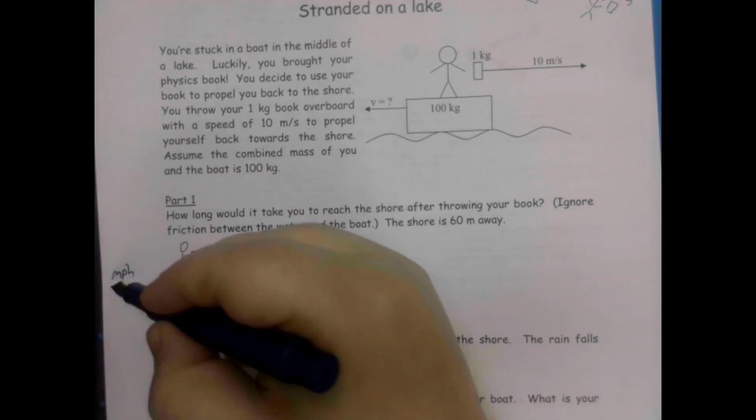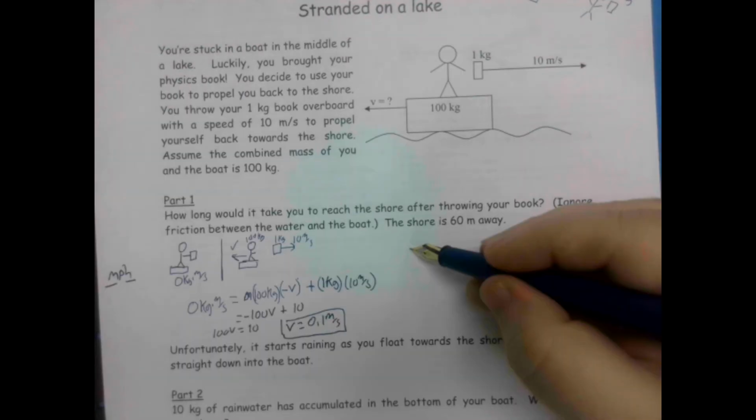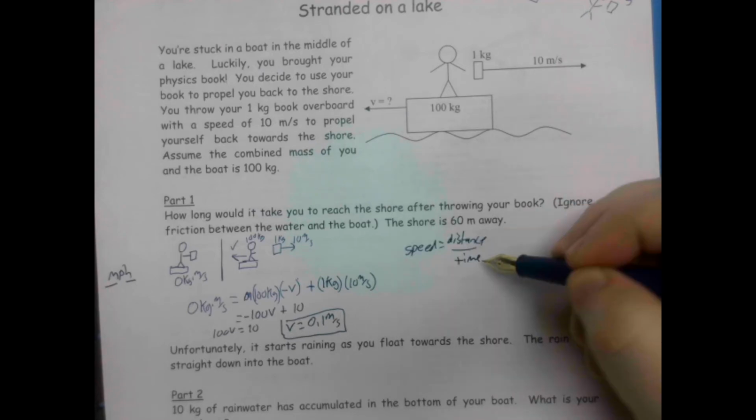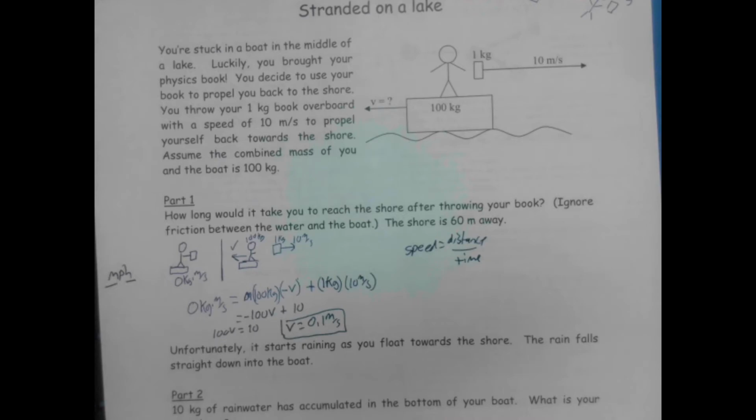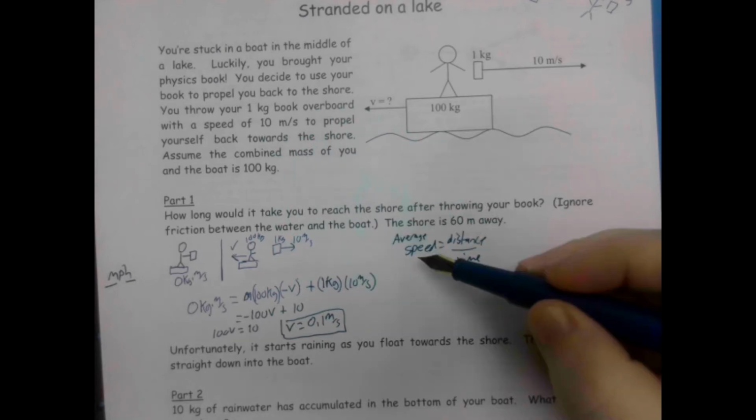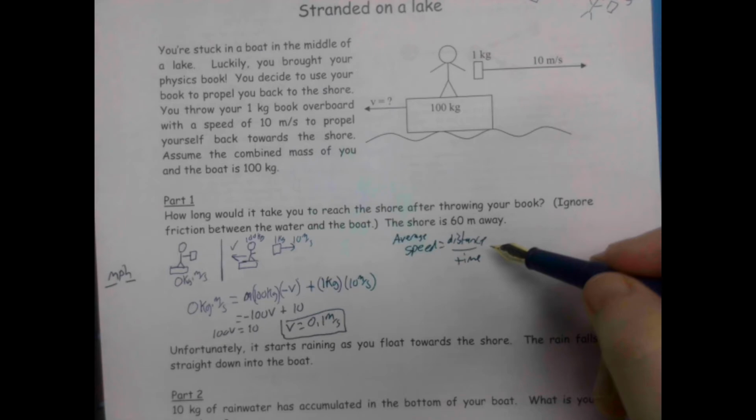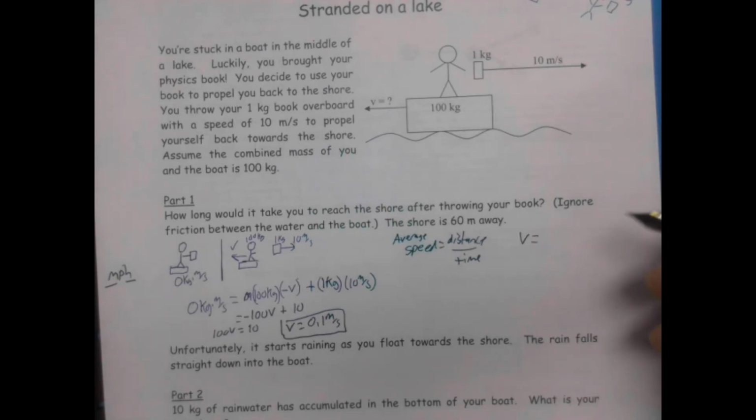Miles per hour. Yes, speed is equal to distance over time. Technically we should say average speed, or whenever speed is constant, which it is. We assume there's no friction and your speed isn't changing. So we can use this simplified equation. Your velocity is equal to your displacement over time.